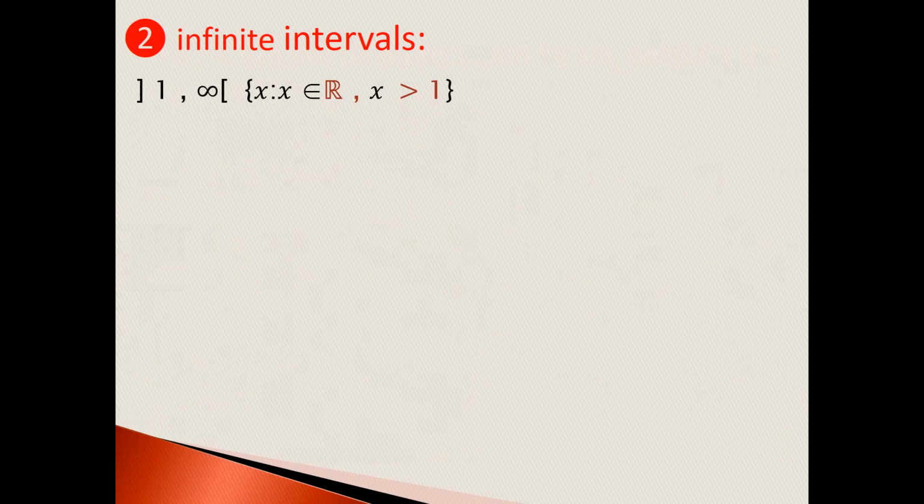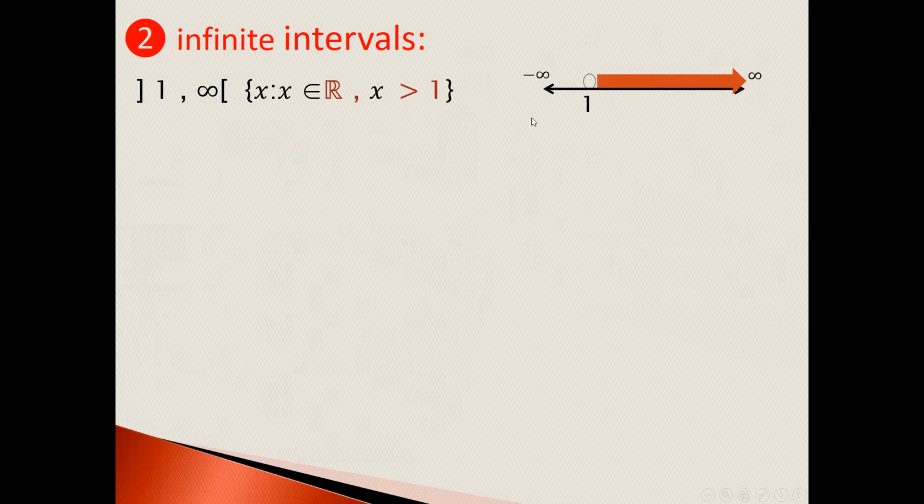I write it 1 and infinite, 1 is open and infinite open, and I must arrange the numbers from smallest to greatest, so I can't write infinite and 1, because 1 is smaller than infinite. So it will be 1 and infinite.